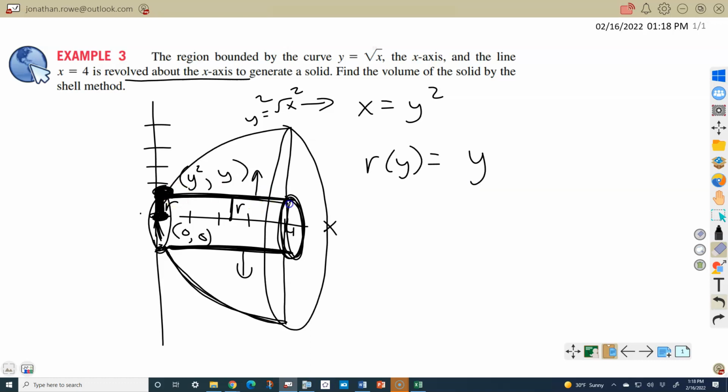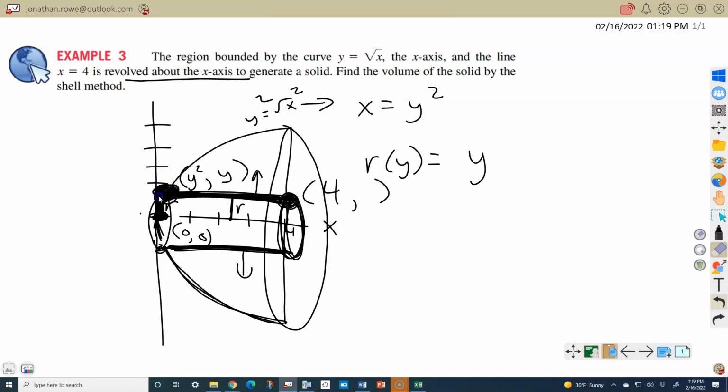What about the height? What about the height of that cylinder? What is this height here? This height is the difference between these x coordinates. What is the x coordinate here? It is 4.